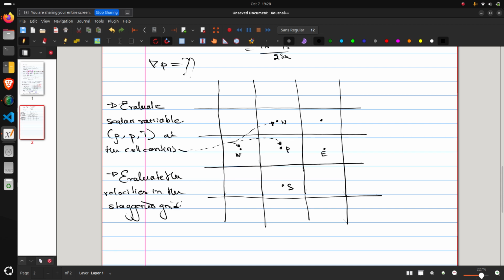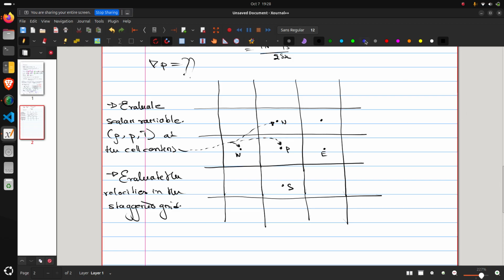So for v velocity we will have one staggered grid, for u velocity we will have one staggered grid, and for w velocity we will have another staggered grid. The total number of grids that we need in this approach is n plus 1, where n is the number of dimensions. So if it is a one dimensional problem, we will need two grids, one staggered grid for computing the velocity components, and another for computing and storing our scalar variables. If it's a two dimensional problem, we will require two staggered grids for u velocity and v velocity, and the original grid for computing the scalar variables.